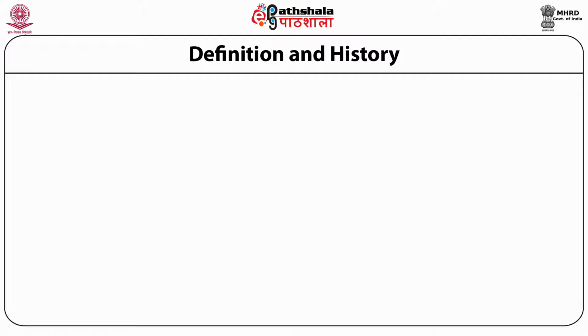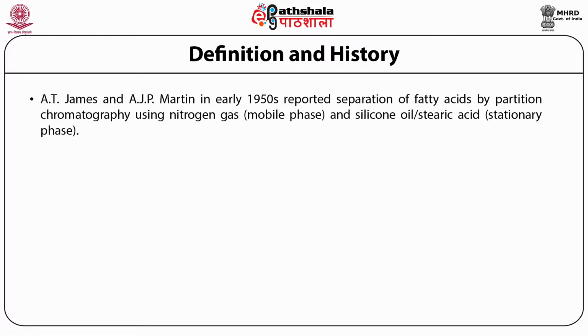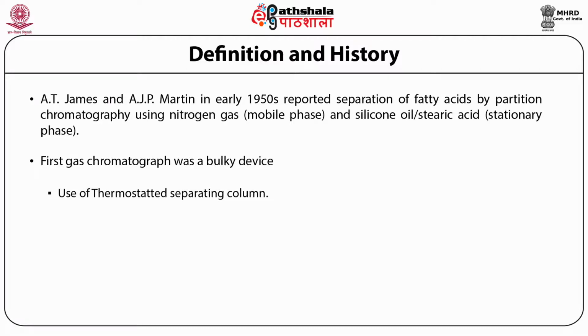The invention of gas chromatography dates back to the early 1950s, when James and Martin reported the separation of volatile fatty acids by partition chromatography, using nitrogen gas as a mobile phase and silicone oil as a stationary phase, supported on diatomaceous earth. The first gas chromatograph was a bulky machine in which a vertical column was thermostated in a vapor jacket.